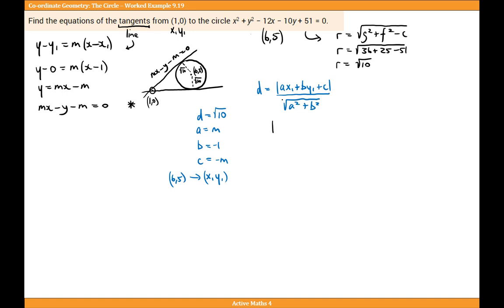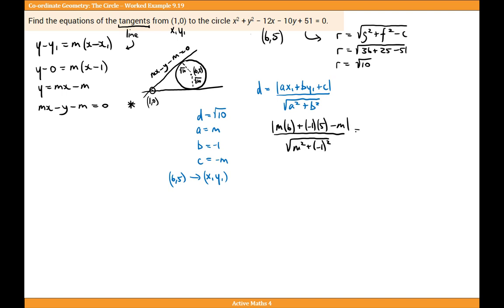So we have the modulus of a, which is m, times x1, which is 6, plus b, which is minus 1, by y1, which is 5, and plus c, which is minus m, over the square root of m squared plus minus 1 squared.